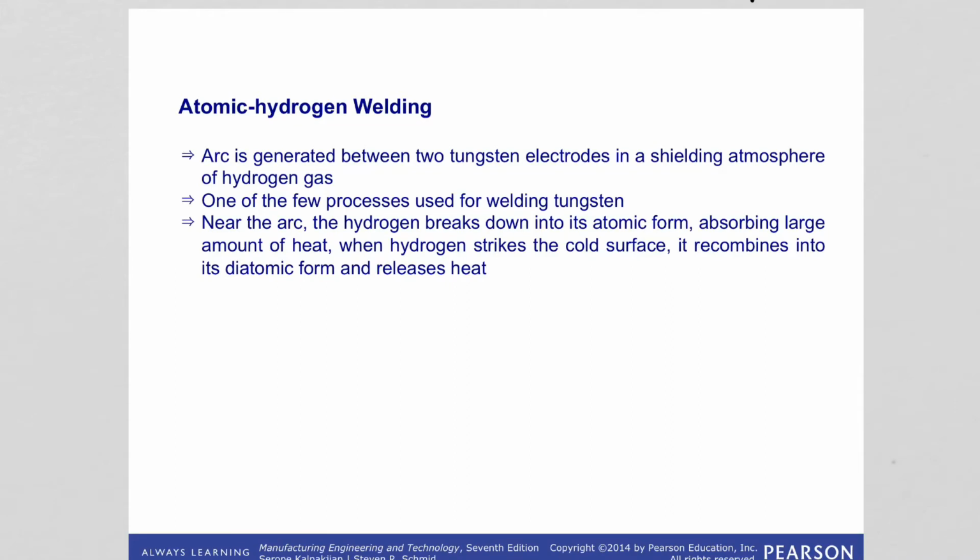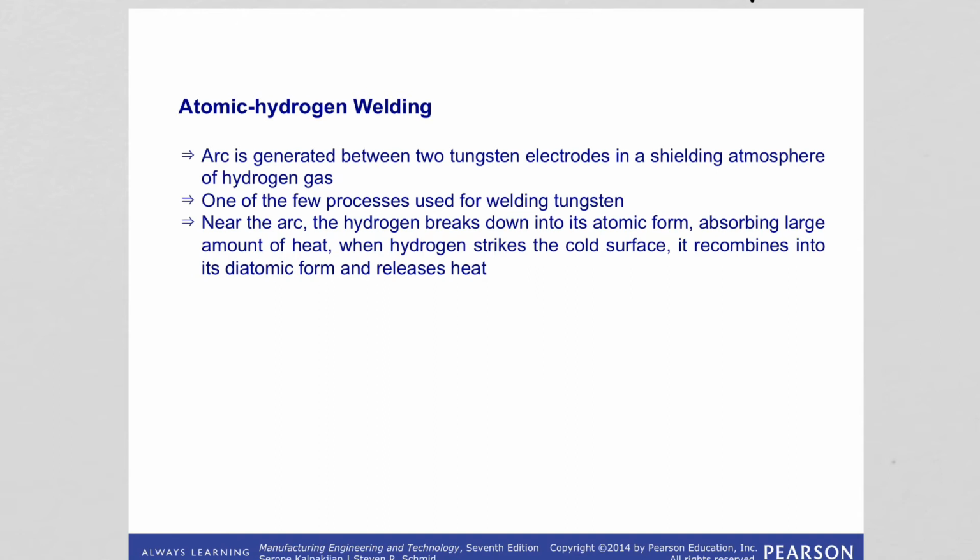In atomic hydrogen welding, the arc is generated between two tungsten electrodes with a shielding atmosphere of hydrogen gas. The gas is normally diatomic, meaning H2. However, when temperatures are over 6,000 degrees C near the arc, the hydrogen breaks down into its atomic form. This absorbs a large amount of heat from the arc.